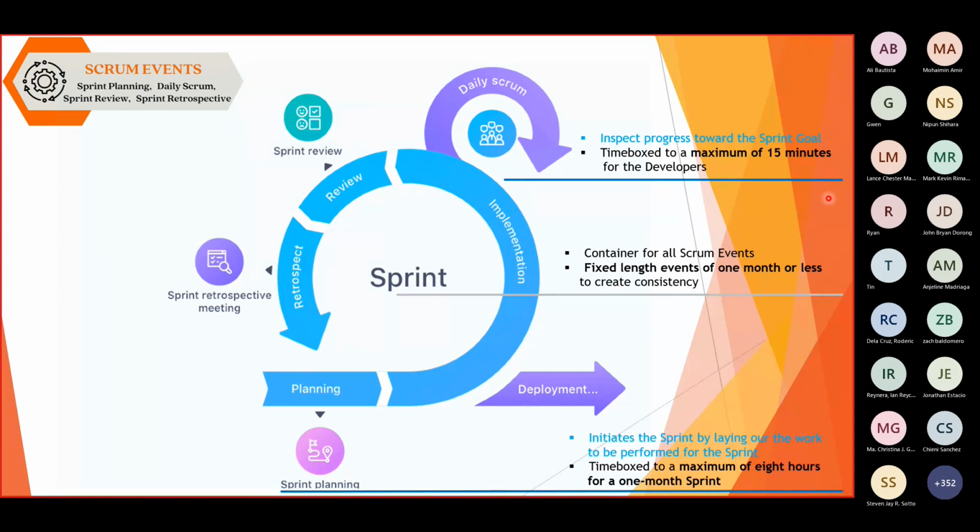The daily scrum provides a formal opportunity to inspect the progress towards the sprint goal. Only developers are required to attend the daily scrum event, but the product owner and the scrum master are optional. They can join the meeting and listen as well, but they are not mandatory to attend.